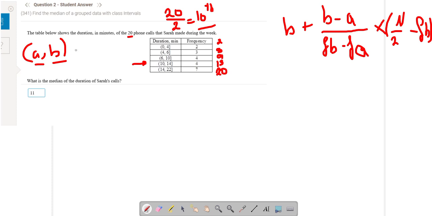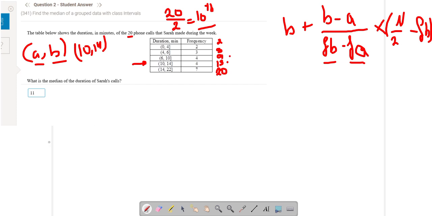So we get that 10, 14 is your a and b. What do fb and fa mean? fb is the cumulative frequency of your median class, and fa is the cumulative frequency of the preceding class. So here we have the median class 10, 14. So fb is 13 right here. fa is going to be the one before it, so it's going to be 9.